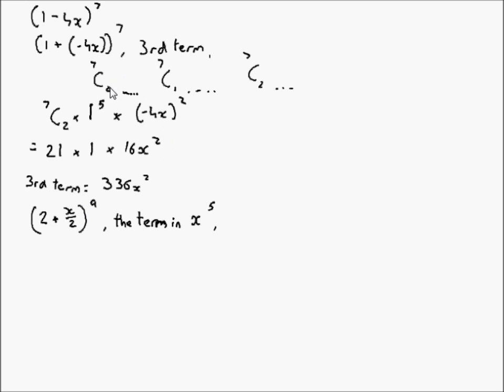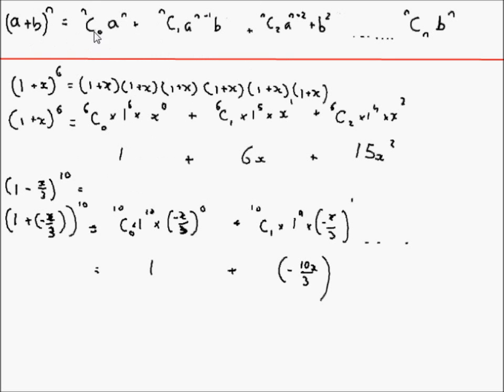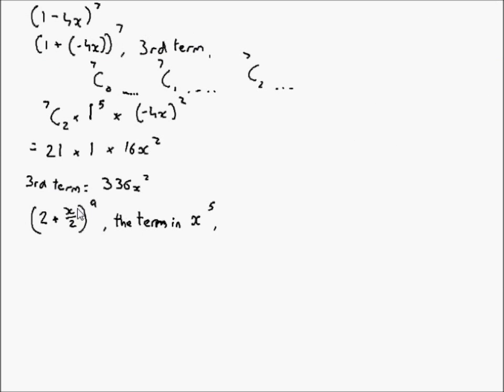As I said before, this r bit down here is always equal to the power of b. And because x is on the right, x over 2 is b. So we need 9c5. 9c5 will give us some form of x to the power of 5, because r is 5. And 9 minus 5 is 4, and the difference is what you raise a to. In this case a is 2, so it's 2 to the power of 4.